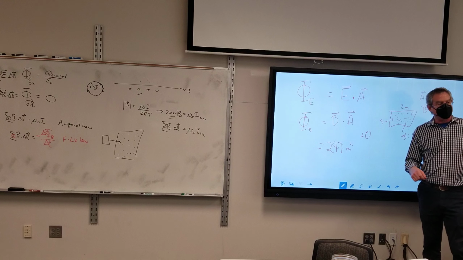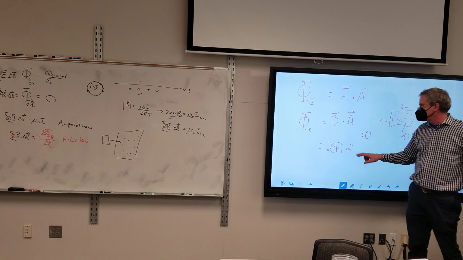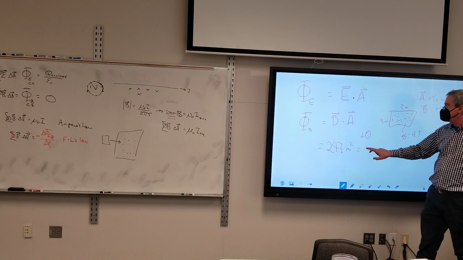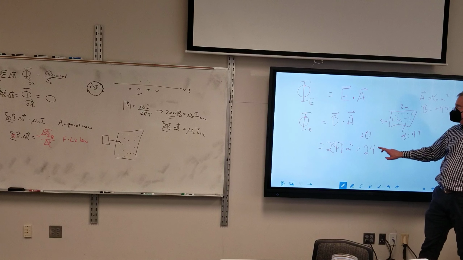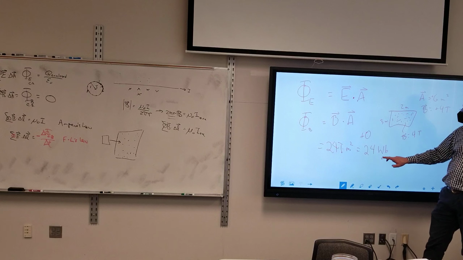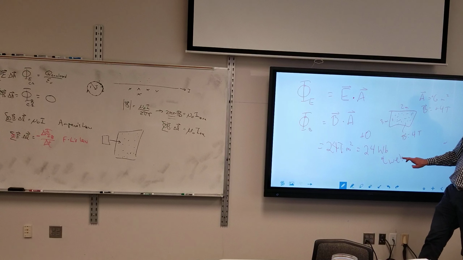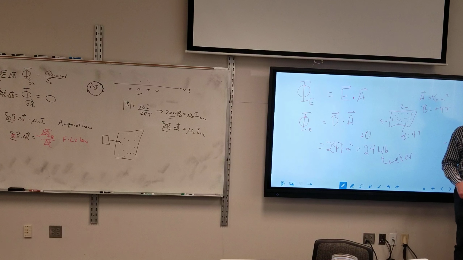Now, Tesla meter squared is too much for physicists to write. So that is 24 Webers. All right, so it's just multiplying the magnetic field times the area it's going through.